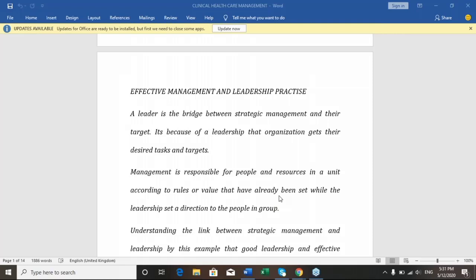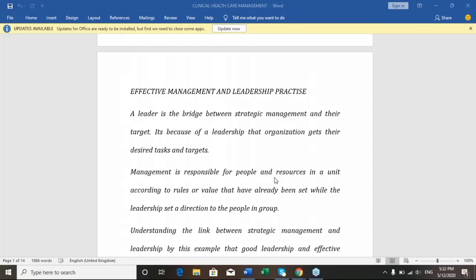So it is the rules set by the management to be executed by the head of accounts or the director of accounts that he is going to implement.